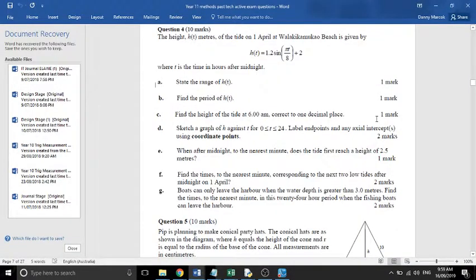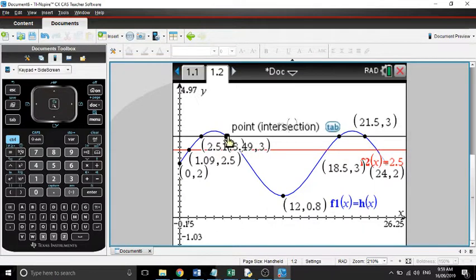Okay, so boats can only leave, find times to the nearest minute, use 24-hour period when the boats can leave the harbour. Okay, so they can leave the harbour between here and here, and then also between here and here. So that means it's between 2.51.